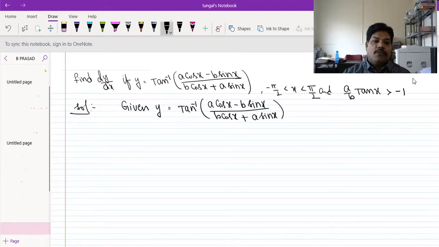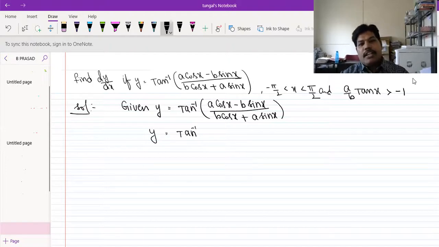So what I will do here: y is equal to tan inverse of, here I will divide the numerator and denominator with b cos x. So this term b cos x, I will divide the numerator and denominator with b cos x.